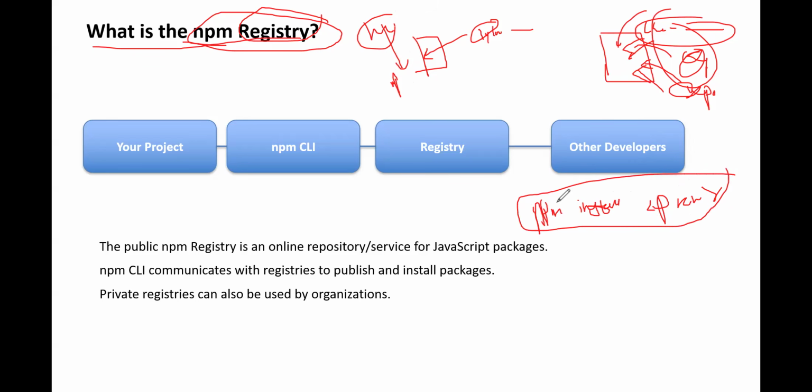npm install package name. Now we can see that the public npm registry is an online repository service for JavaScript packages. By using Node Package Manager, we can publish to the registry and install packages.